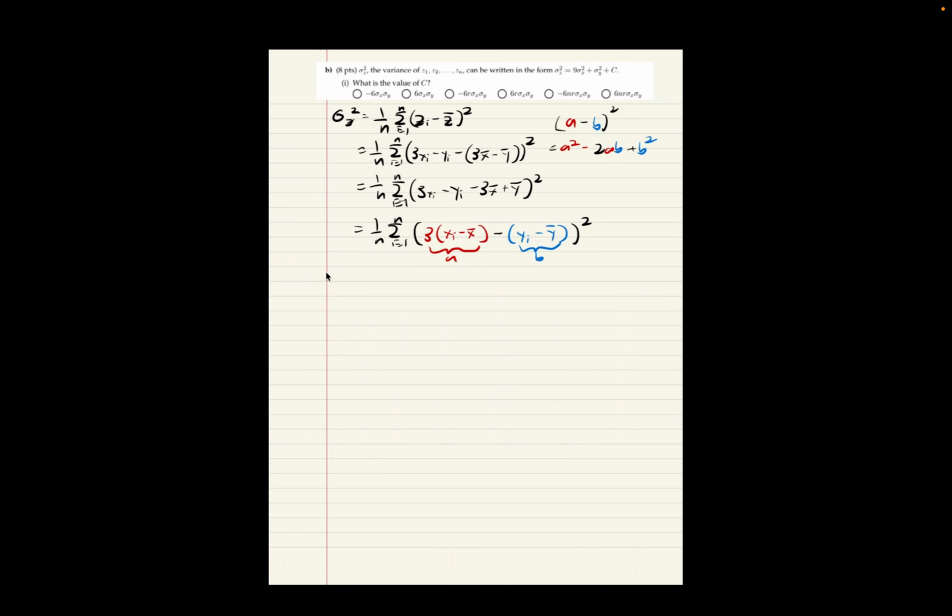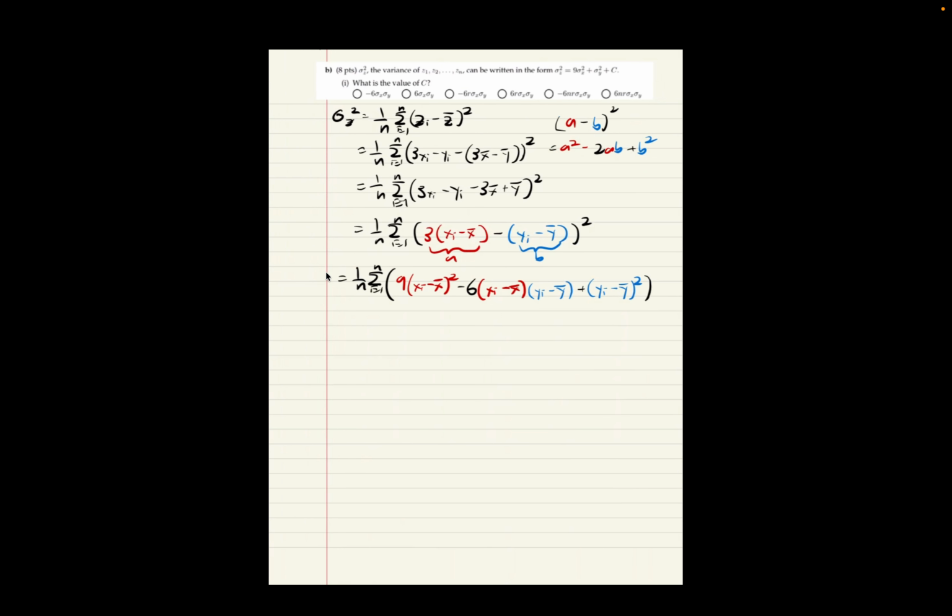So now this allows us to expand out the square. So now that we've expanded out the square, what can we do from here?